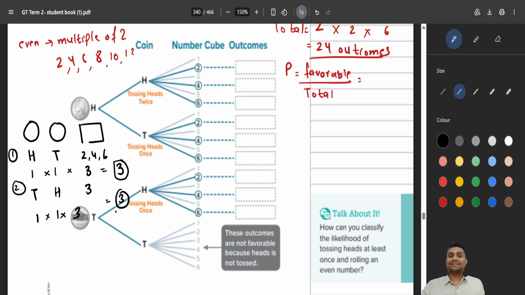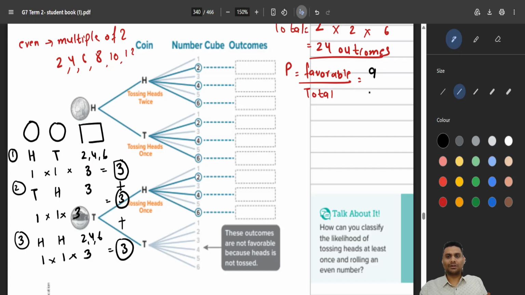Now he said at least one head, so I can get 2 heads also, right? So head here also, and again 2, 4, 6 here. So one head here, and 3 even numbers here. So 1 times 1, 1, and times 3, 3. So total how many outcomes are there which are favorable to me? 3 plus 3 plus 3, 9 favorable outcomes.